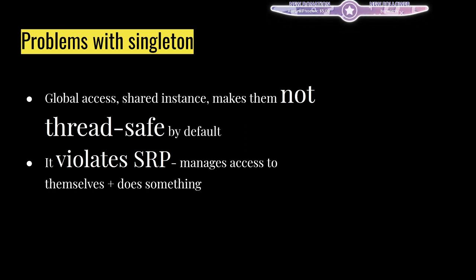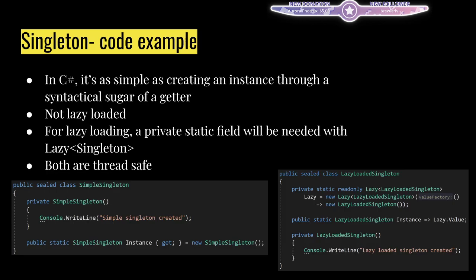So we are violating the single responsibility principle right away by default with singleton, because we're building infrastructure on top of something that business needs. So it is not single responsibility compliant, and it's not thread safe by default.